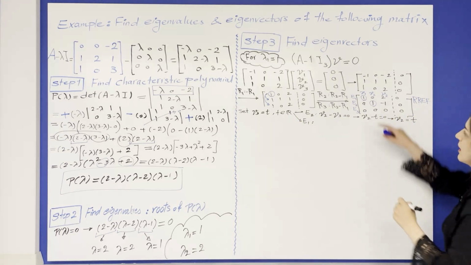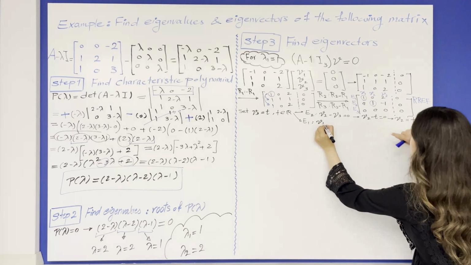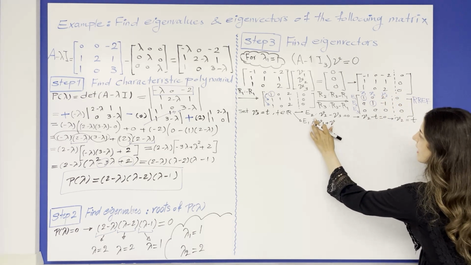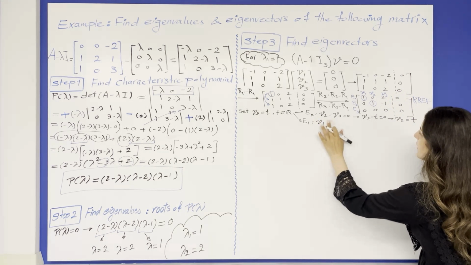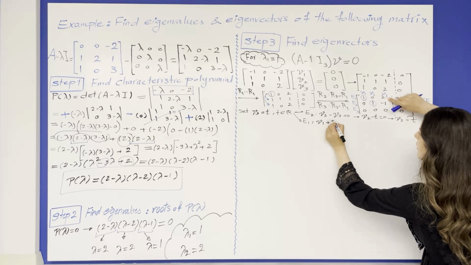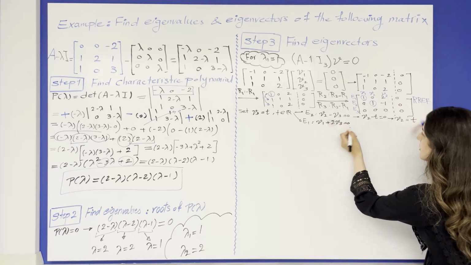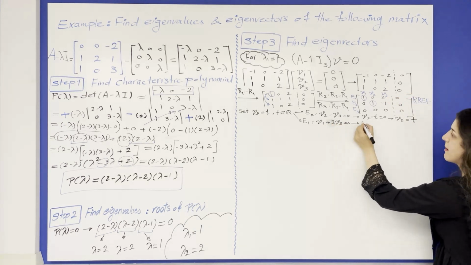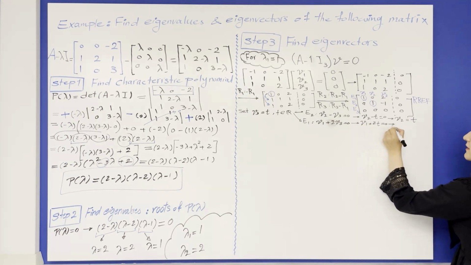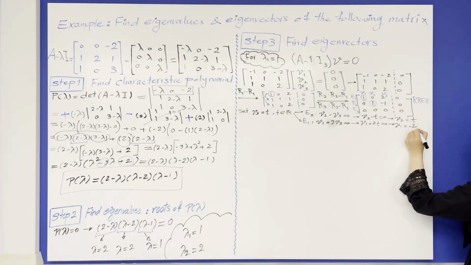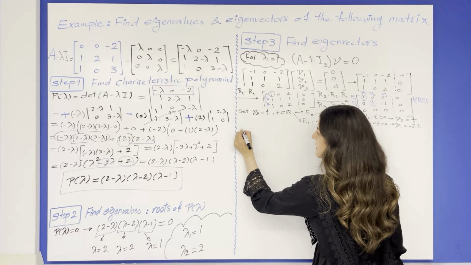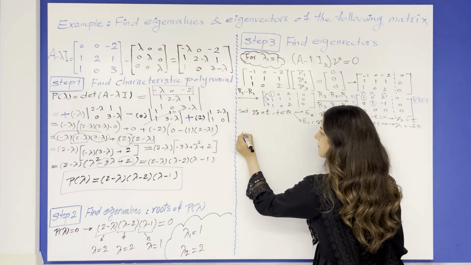Okay, so I have 1 times v1, 0 times v2, plus 2 times v3 being 0. Replace v3 by the parameter t. So I have v1 plus 2t being 0, which gives me v1 to be -2t. All right, so the solution to this homogeneous system is of this form.